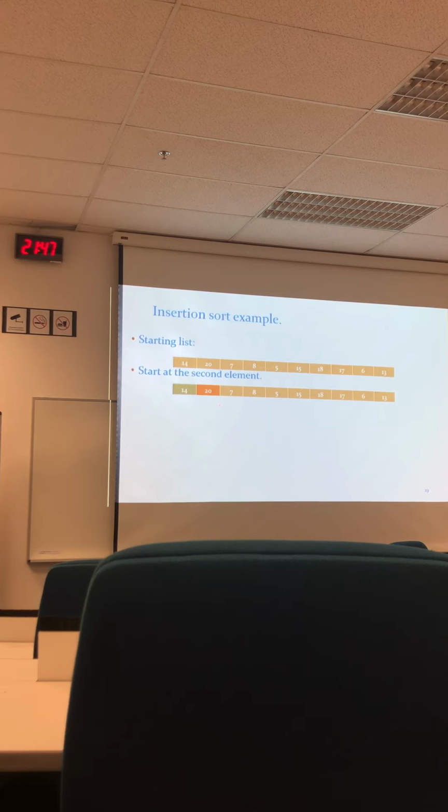Then we arrange this part in order. Okay, now it's already in order. 14, 20 is in order. That means lower value in front, larger value behind. So this is the right place, and there's nothing we need to do. So the first step is finished.